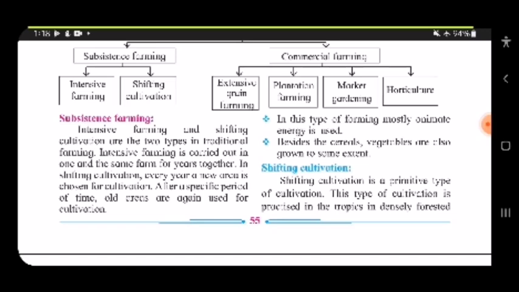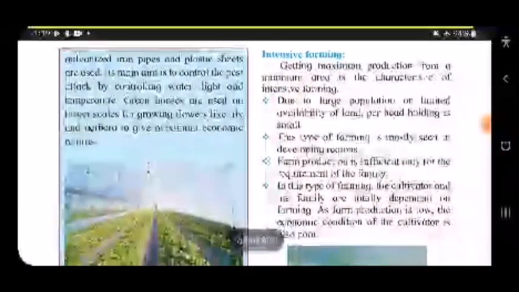Now, in intensive farming, what happens? You grow the crops in the same region. After the crops are grown, you can grow that plant again over there. But in shifting cultivation, what happens? Once you grow, after that, you have to use a new area or new land. Okay? Let's learn about intensive farming first.